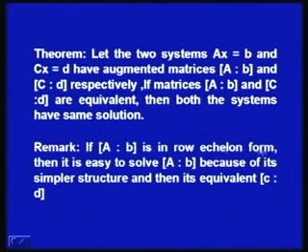So, if [A, B] is in row echelon form, then it is easy to solve because of its simpler structure, and then it is equivalent to [C, D]. So, this system is simpler, and that is why it is better to reduce the system of equations into row echelon form. So, this is the basic concept behind the elimination method which we will be using.